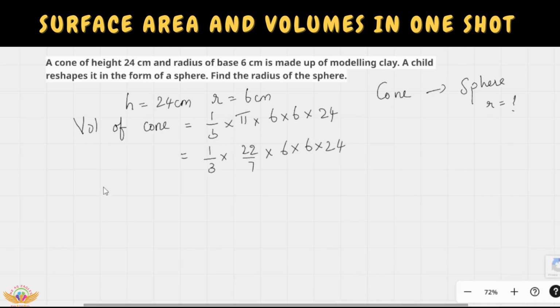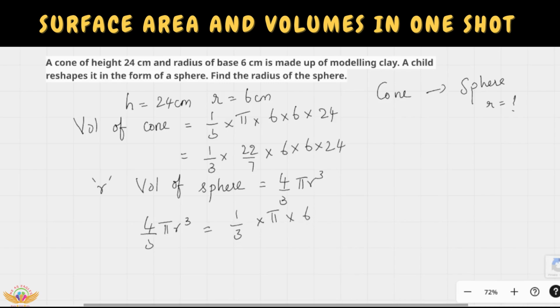If R is the radius of the sphere, then the volume of sphere is 4 by 3 pi r cubed. Just equate both of them. So 4 by 3 pi r cubed is equal to 1 by 3 into pi into 6 into 6 into 24.